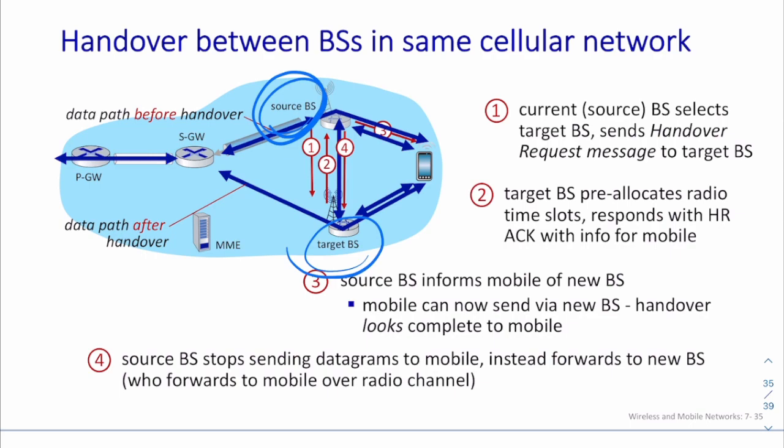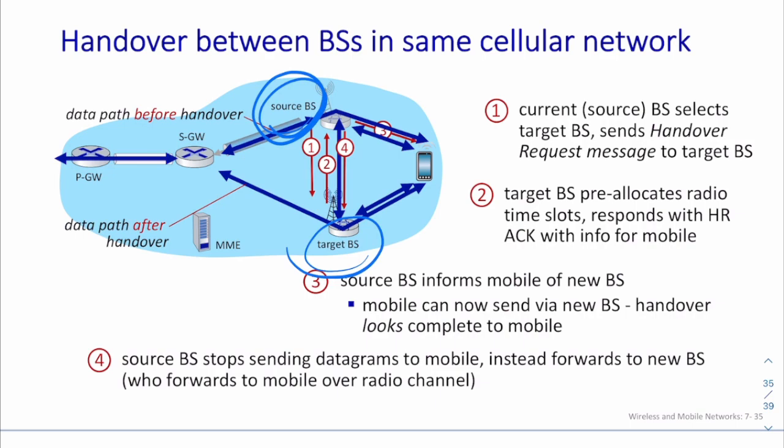If you keep moving away from the source tower and approach the target tower, because they keep monitoring your signal-to-noise strength, the source tower knows you are leaving and about to enter the coverage of the target BS.